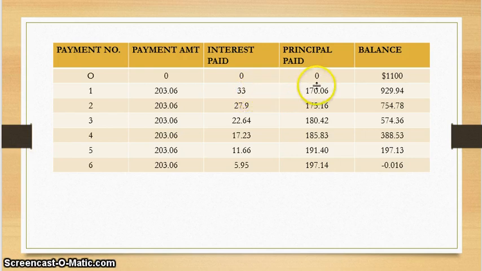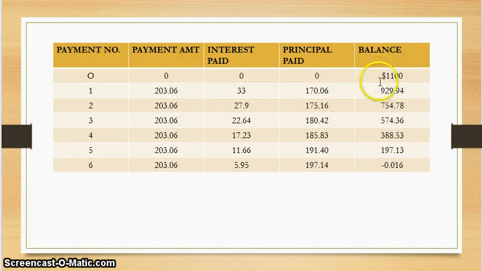Then for the first principal paid, you subtract the interest from the payment amount, so you get $170.03. So you subtract interest paid from the payment amount.